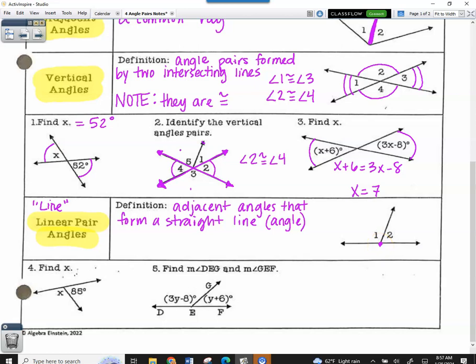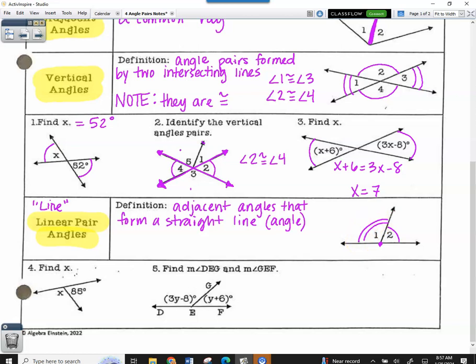When you know you have a linear pair, there's a secret math equation associated with it. If I take angle 2, I don't know what it is, but if I take angle 2 and I add it to angle 1, notice I did different marks because they're different measurements.